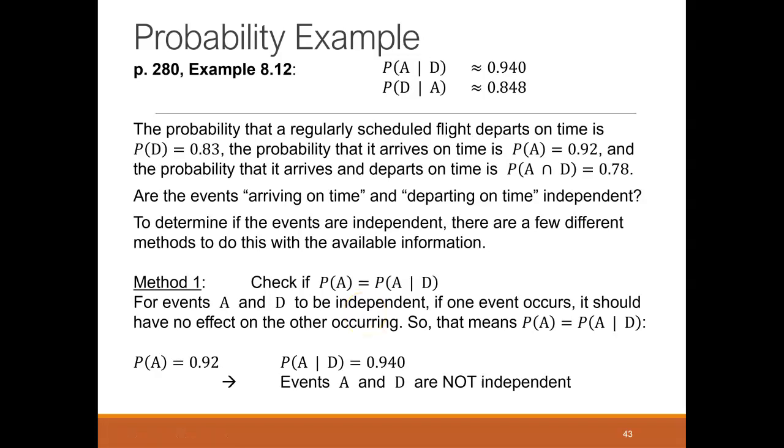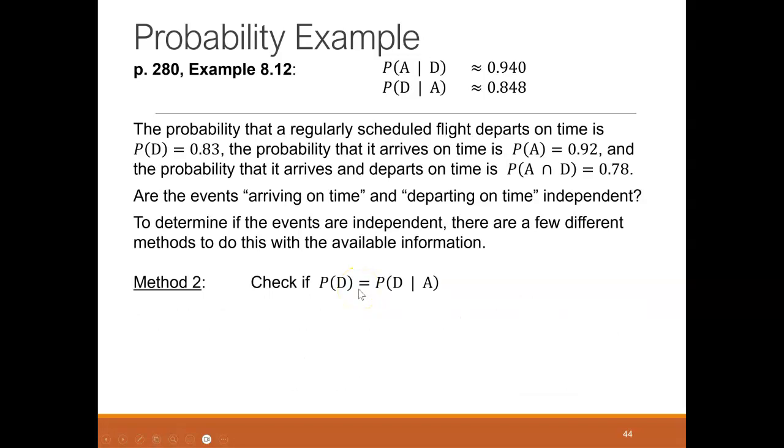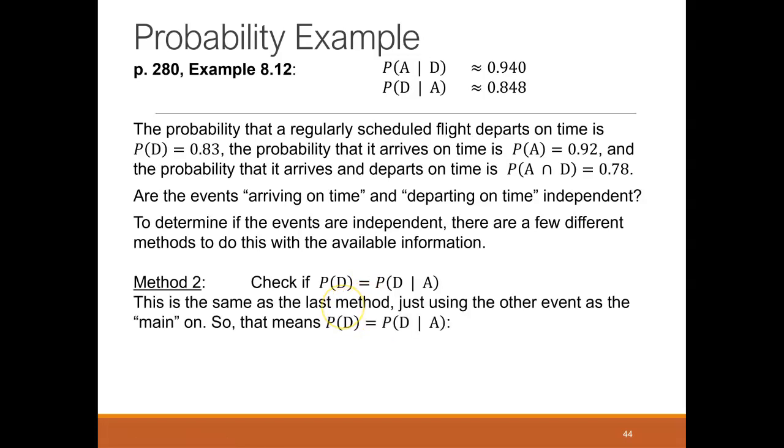Okay. The other way you could check this is you could check the departure, right? Is the probability of departure equal to the probability of departing on time given you arrived on time? Again, P of D we're given. Probability of D given A we calculated earlier. We again notice not exactly the same.